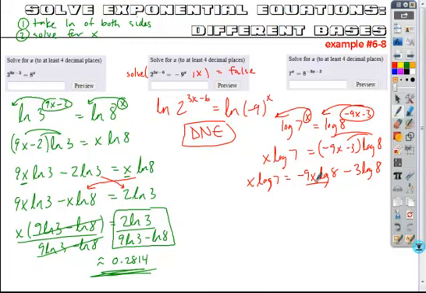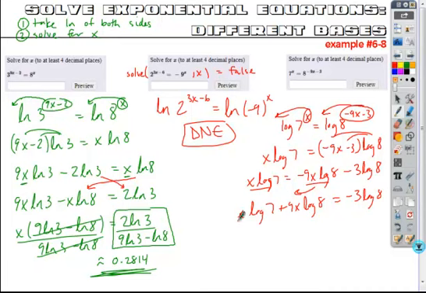And now we take our two terms with x's, and we need to make sure they're on the same side. So I'm going to move this over and add to both sides. So x log 7 plus 9x log 8. That's equal to negative 3 log 8.